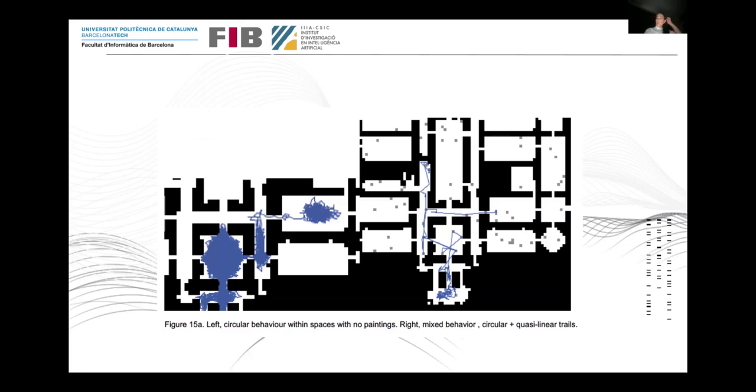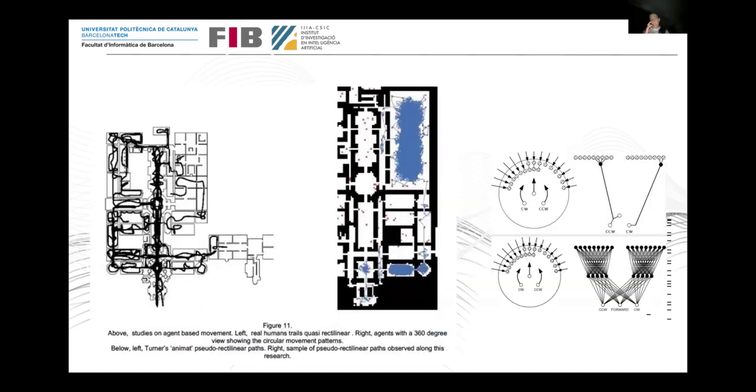So this is a closer view where we can see the different paths and behaviors of the agents. It wasn't a surprise, but in any case, it was a good validation for setting this initial framework to work on. And this, as I mentioned, was one of our initial approaches to be implemented that we discarded and included as a matter of further research, and we haven't done it so far.